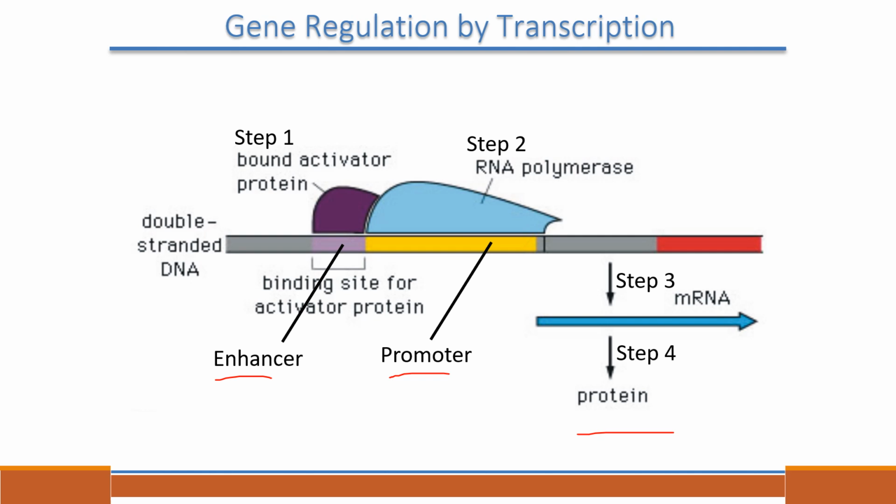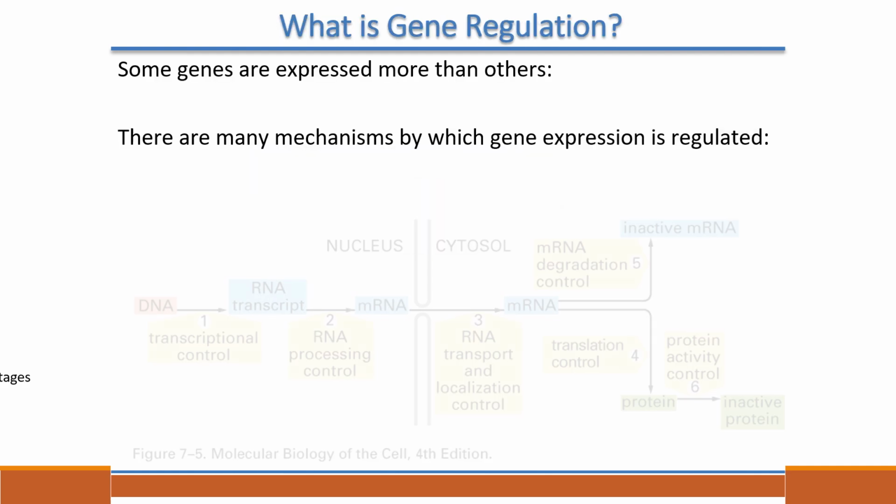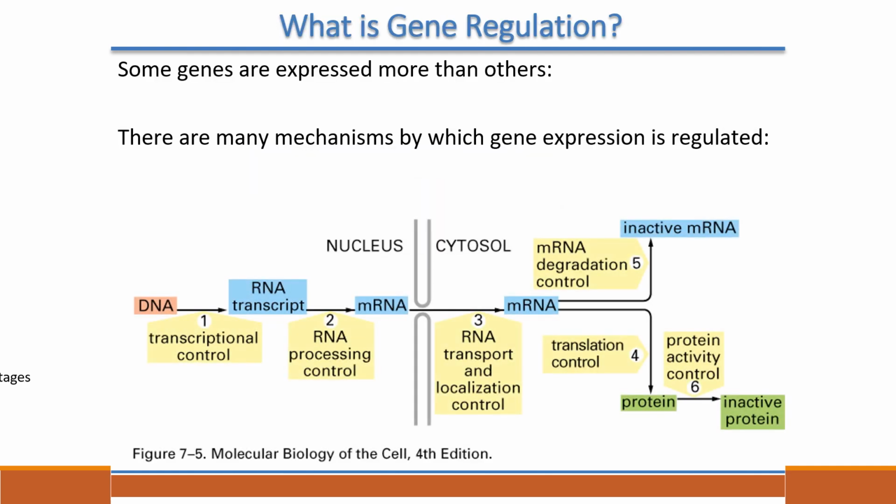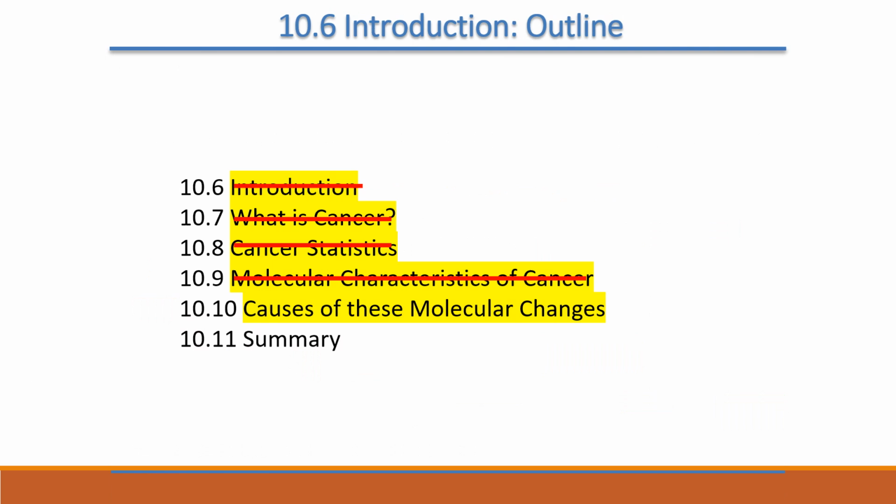But the key thing is that, as I said before, there are many ways in which you can regulate the expression or the lack of expression of some of those genes. So now we know that it's not only that you have a specific mutation here, but there are ways that you can start changing the expression of that gene that can cause a change in the long term. Okay, so with this one we finish this section.